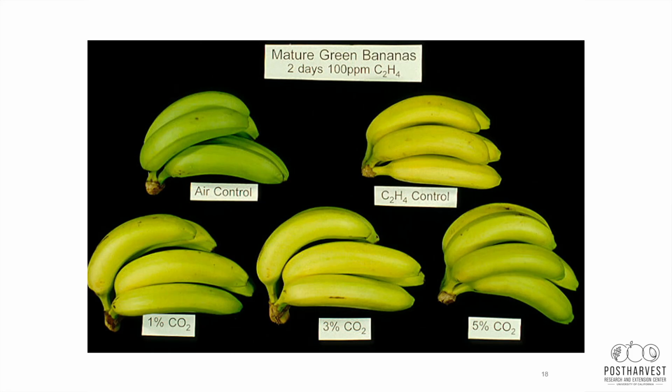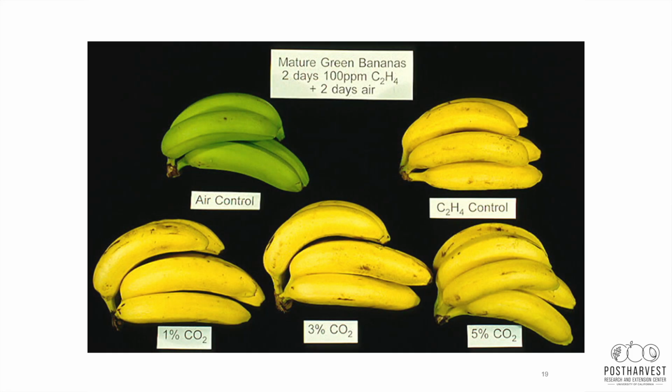You can see that these fruit are greener, especially at the 5%, than the ethylene control. However, when the fruit are taken out for an additional 2 days in air, there is not that much difference. But in the ripening room, letting carbon dioxide build up can slow the coloration of the peel of the fruit and the ripening process.